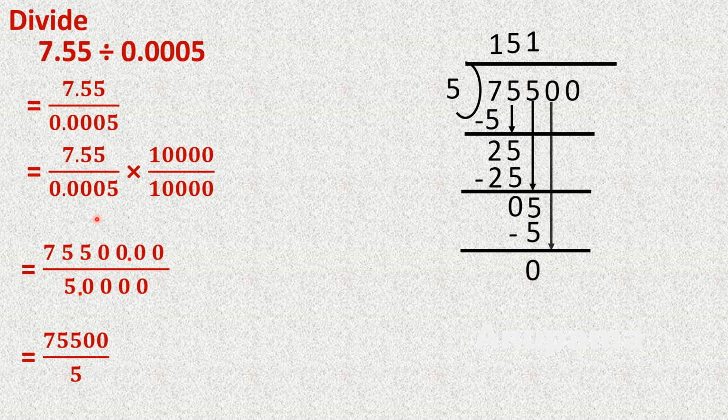Now we will do subtraction. It is 0. We will write down 0. No. So it is 0. Again 0 and it is 0. So our answer is 15,100.